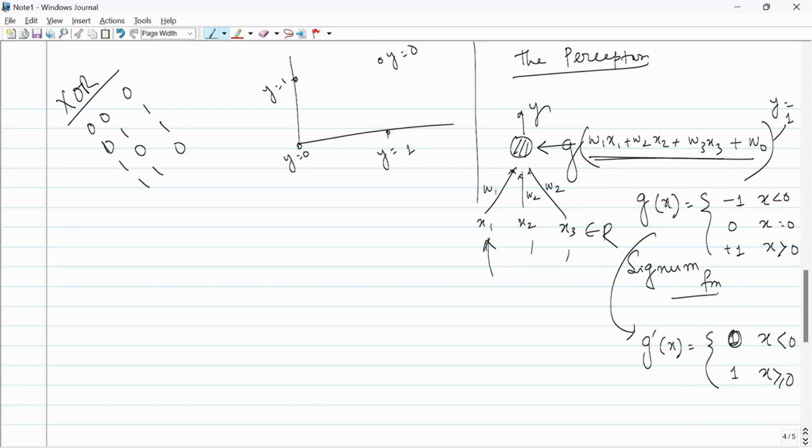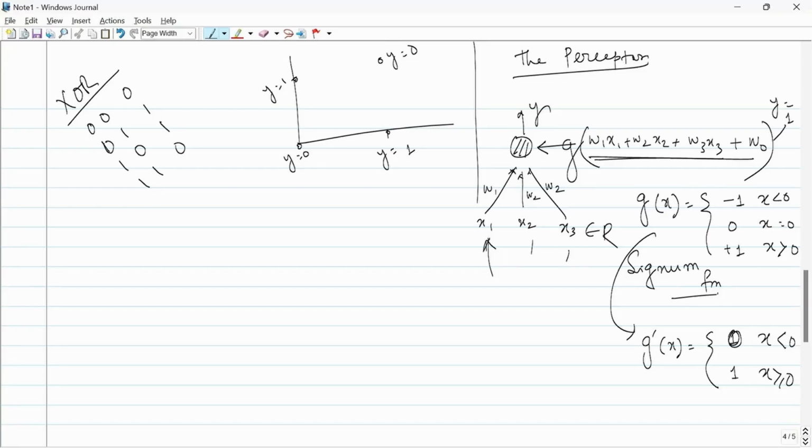So we are happy with two levels, 1 or 0, because remember these methods are proposed mostly for binary classification. Okay, so this is perceptron. You have inputs and weights; you multiply by weights and sum them up, and pass it through a signum function, and it will produce the output.